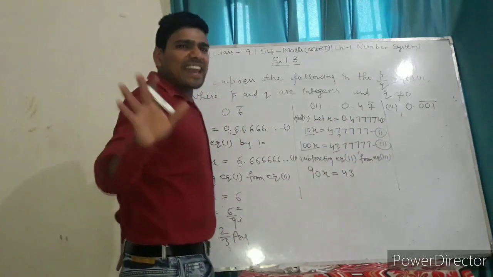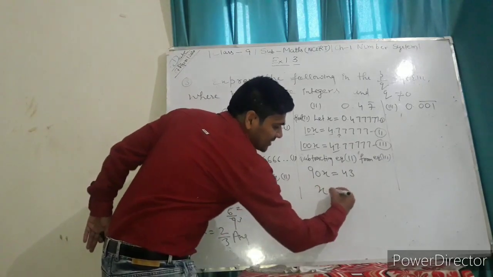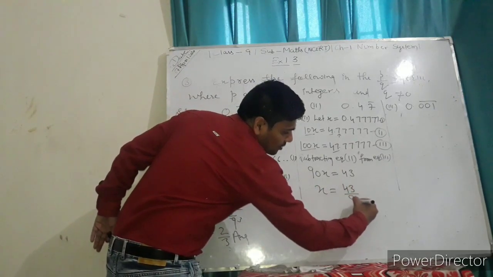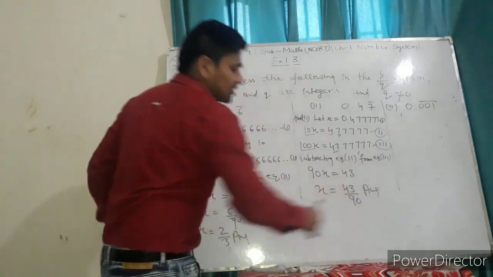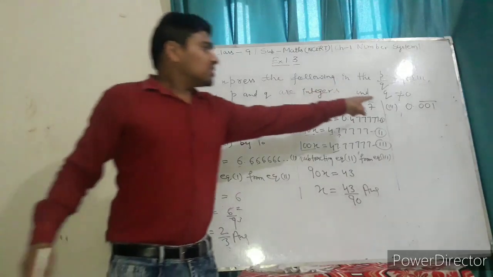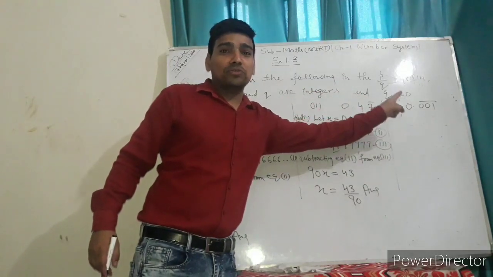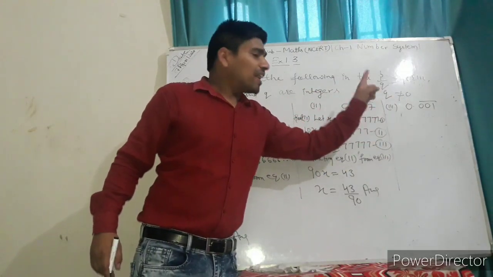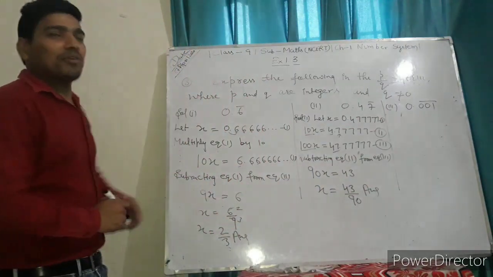We will simply neglect it. So x is equal to 43 upon 90. This is the p by q form of this decimal expansion. Now students, this sum you have to do yourself. You have to try, and if you have any doubt, ask me in the comment box.